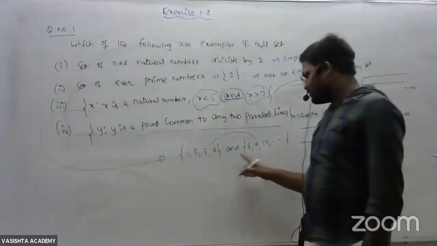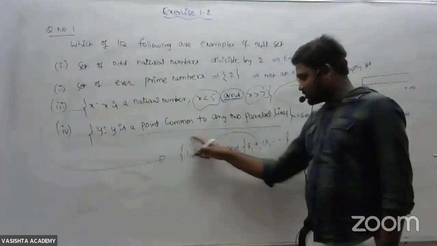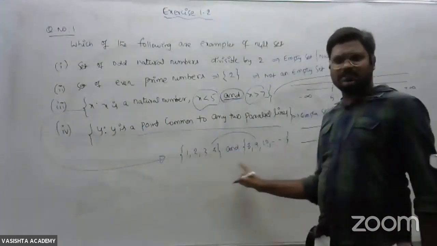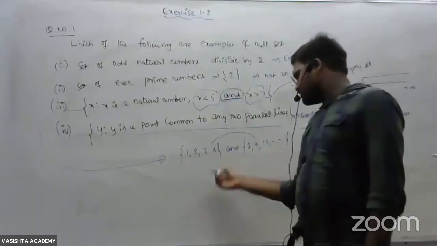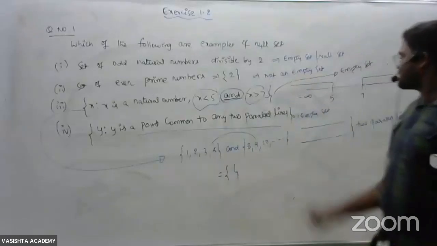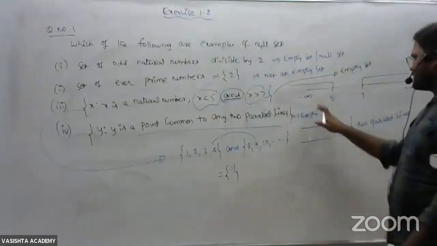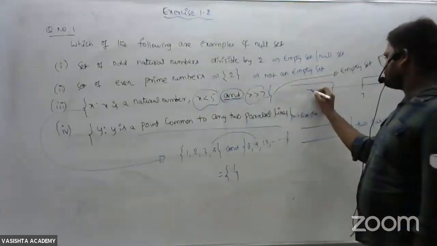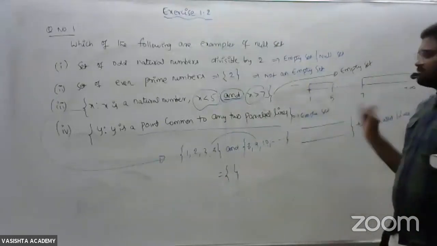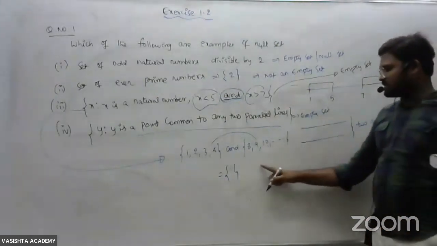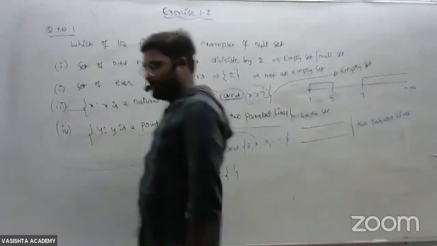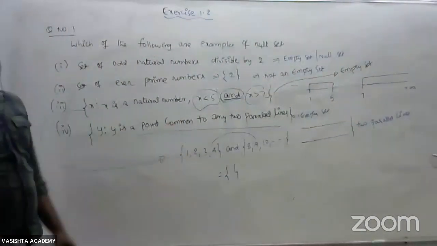That means you need to take the common element that belongs to first set as well as second set. So do you find any common element for these two sets? No. So definitely here you will get a null set. That's why it is an empty set. Okay, just to avoid confusion, I'll take up to 1 only, because he's asking only natural numbers, right? Okay, I hope this is clear. Example 3. Please note it down.